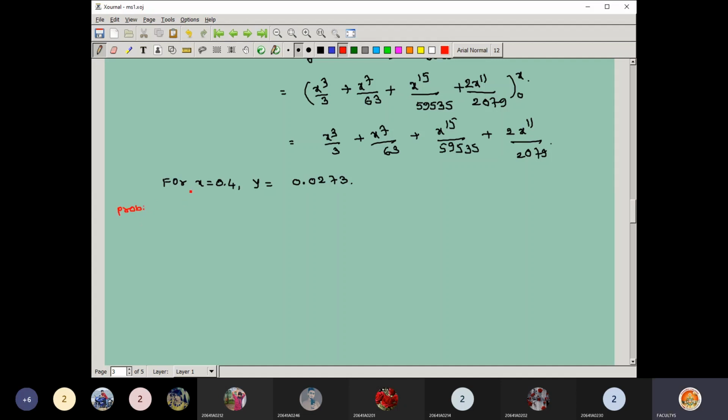You should have guts to find out the solution. Find the solution of dy by dx equal to 1 plus xy, with the condition y of 0 equal to 1, and find the y value at x equal to 0.2.